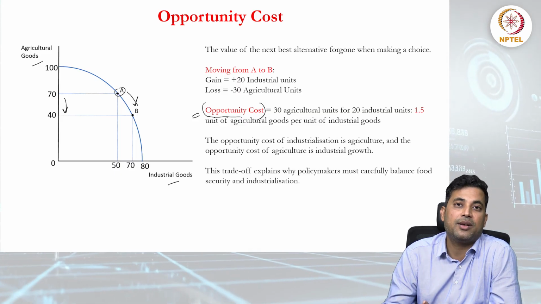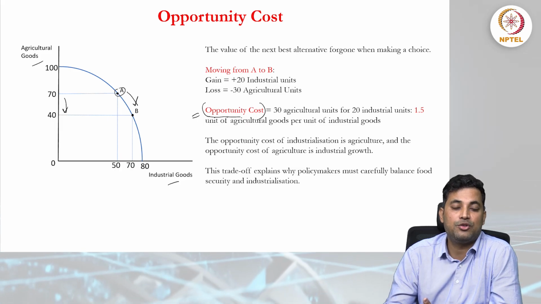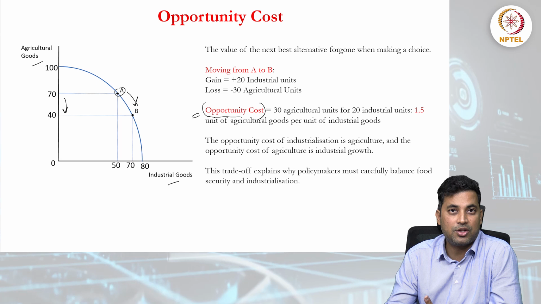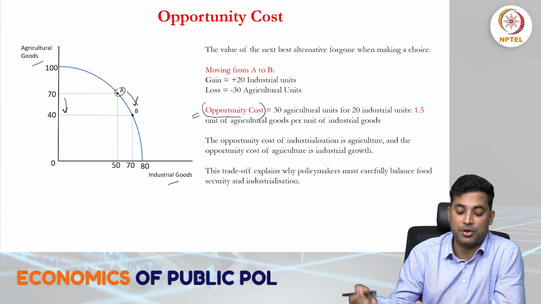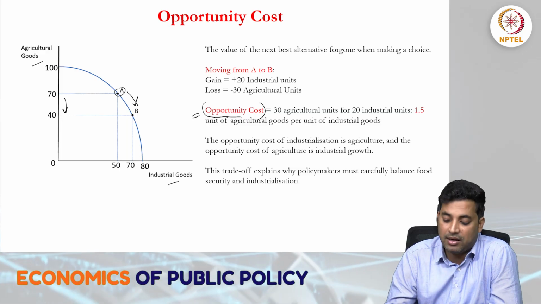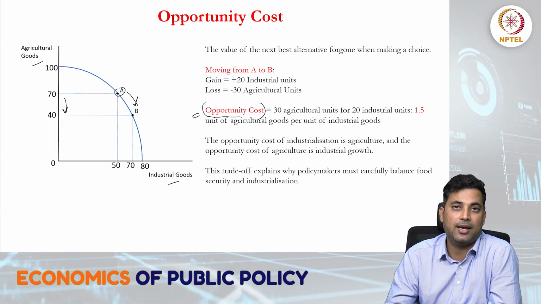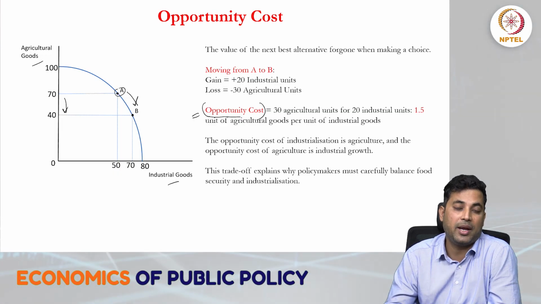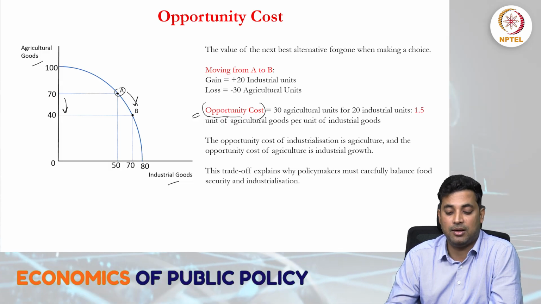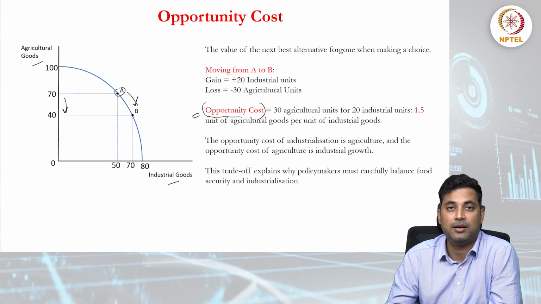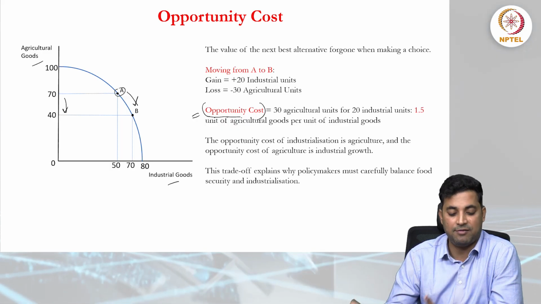So it is basically the choice for any government: what needs to be focused on more, agriculture or industry. And therefore trade-off can be explained with the help of opportunity cost, like why policymakers must carefully balance between food security, which is say wheat and rice or bread or other agricultural commodities, and industrialization, the manufacturing goods that we are planning to produce at the cost of agriculture, and vice versa.